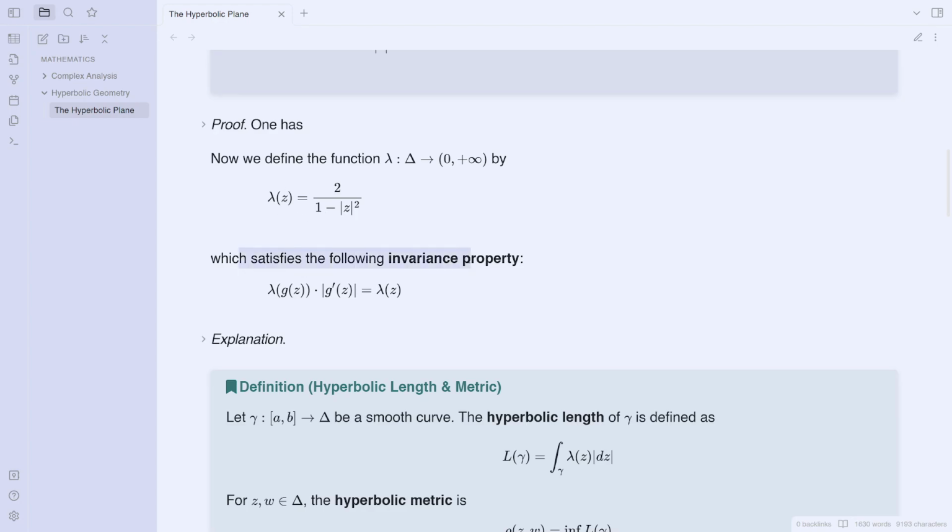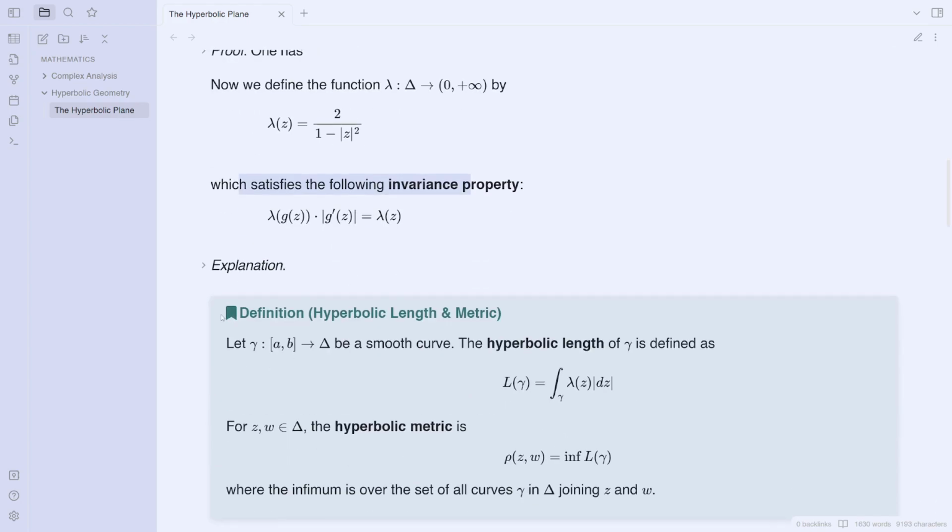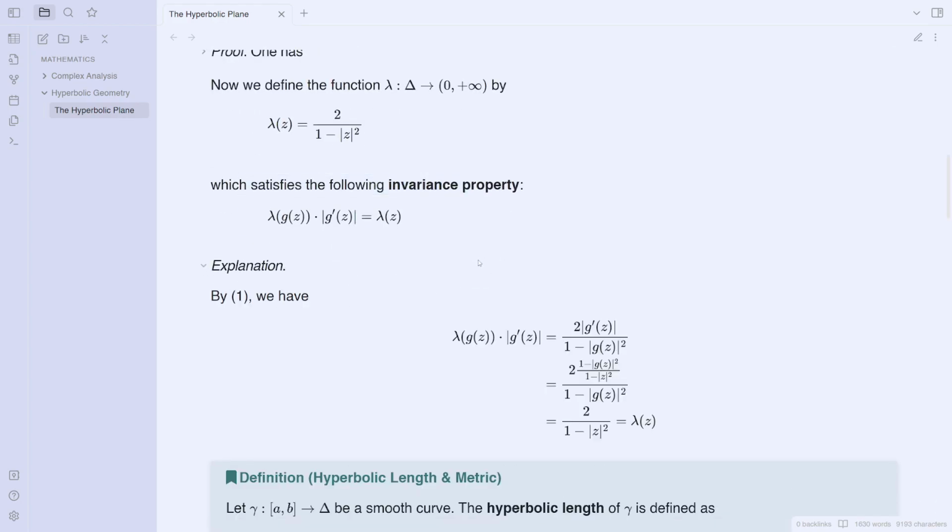And this is invariant by virtue of the Schwarz-Pick lemma. What that means is if I compose lambda with a Mobius transformation and multiply it by the modulus of that derivative, I get lambda back of z.